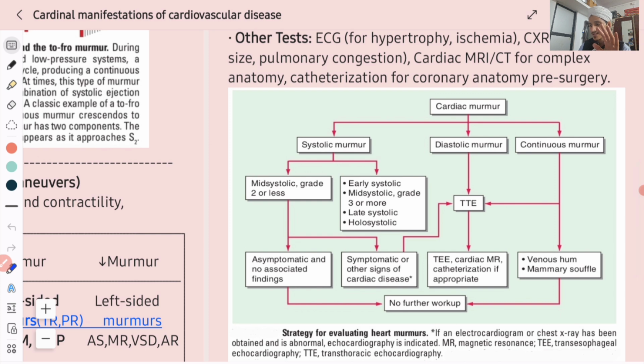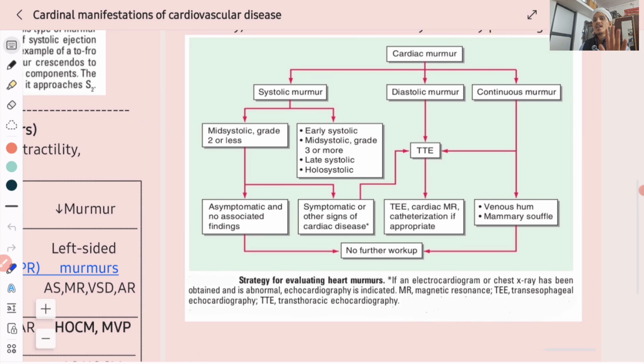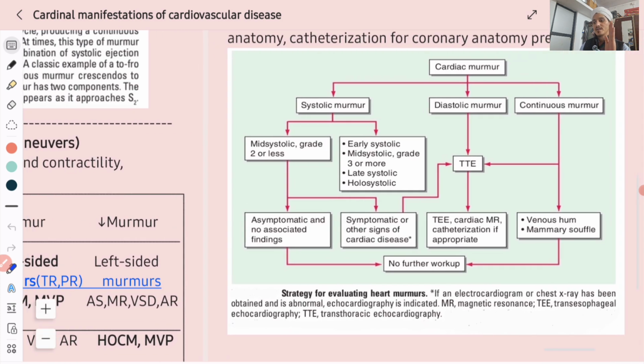This is the final flow chart, the algorithmic approach to a murmur. When you detect a murmur, first you classify it as a systolic murmur, diastolic murmur, or continuous murmur. If it is a mid-systolic murmur and the grade is less than 2, I said it can be an innocent murmur.